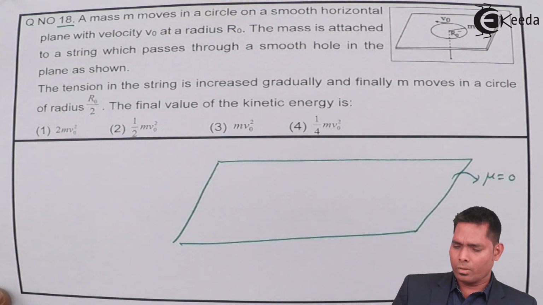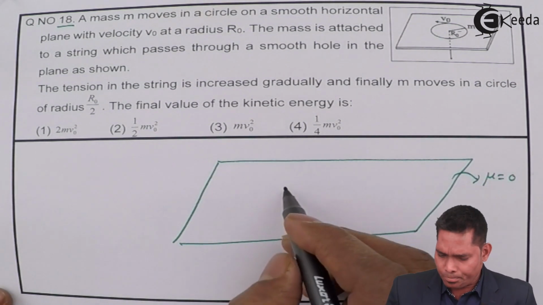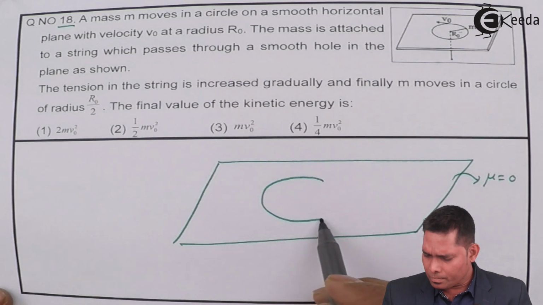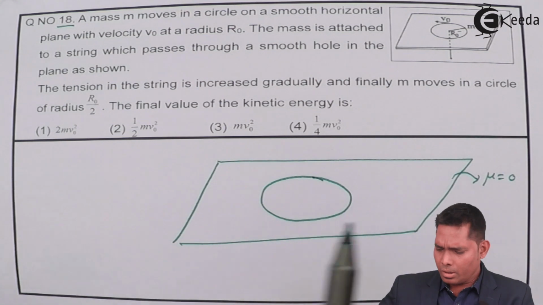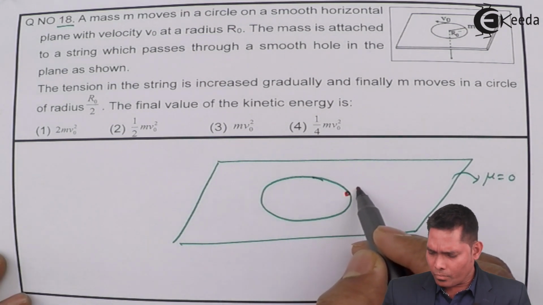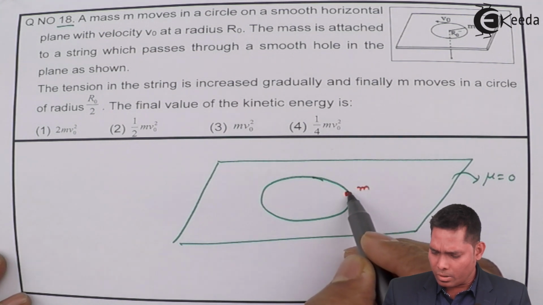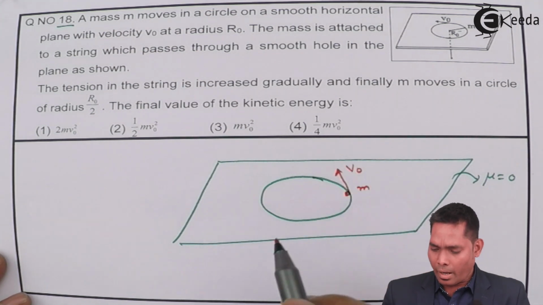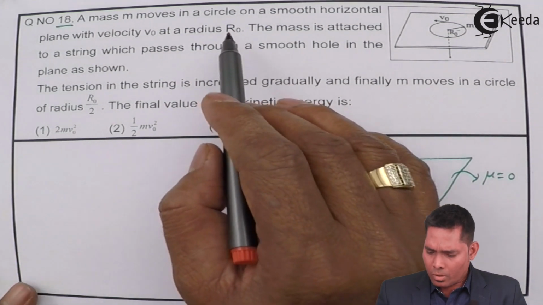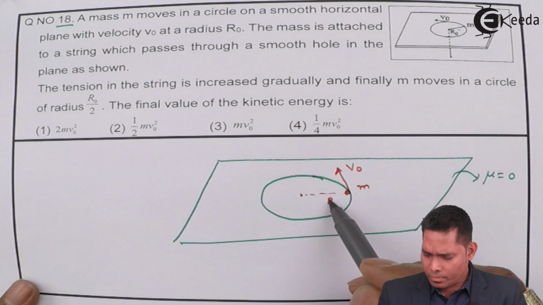The mass is moving in a circle with a velocity v naught, and this is the center, and this radius is r naught.